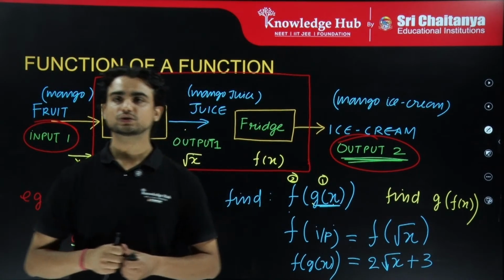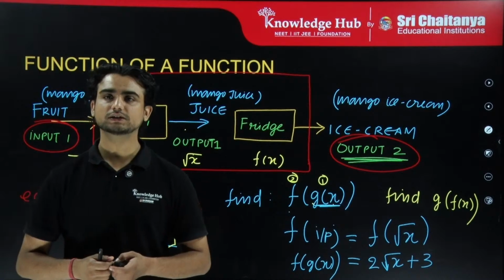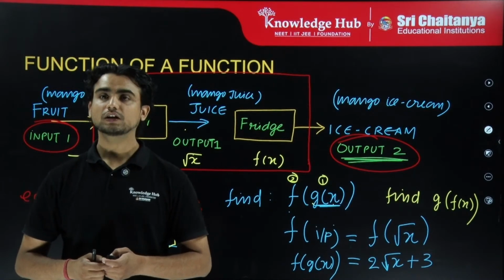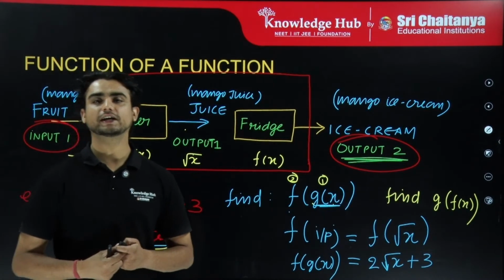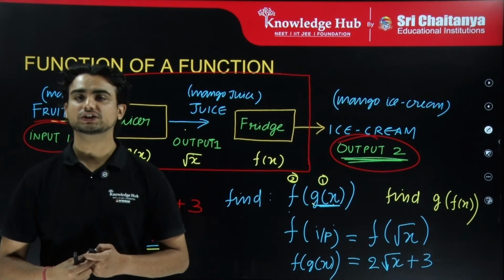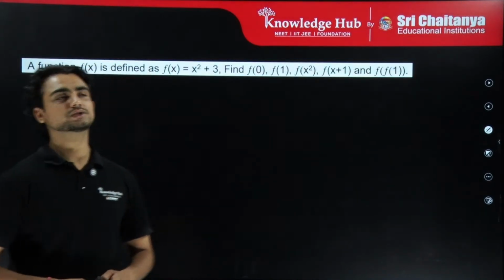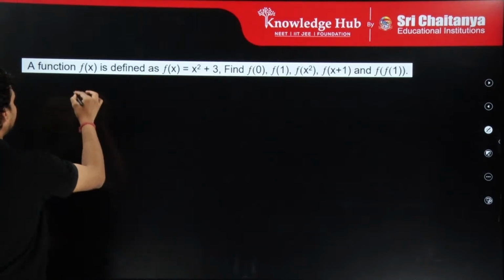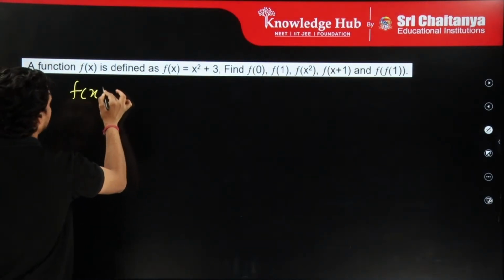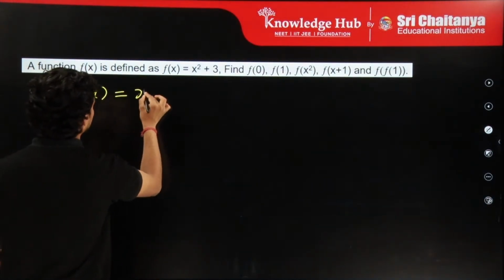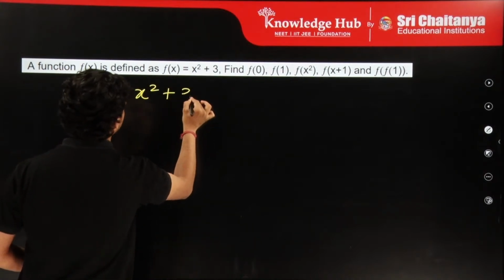Okay, so let's just try to work it out. It is very easy. So now you know what a function of a function is, right? So let's do this question now. The function f(x) is defined as x square plus 3.